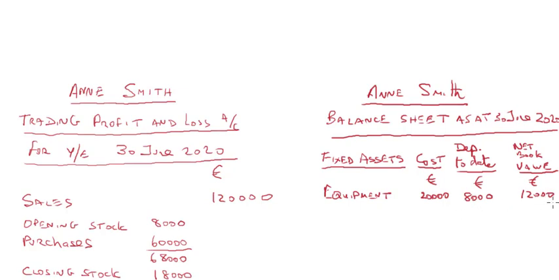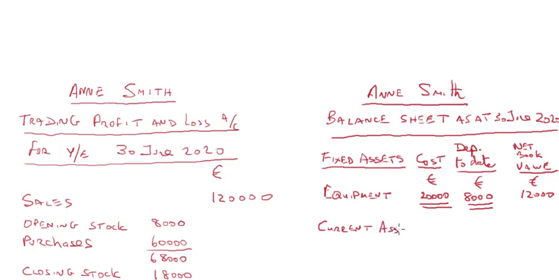So the 12,000 is what we're really interested in. So we can put 2 lines under these figures here, indicating that we're no longer interested in them. We're only interested in the 12,000. So very often in a balance sheet you might only see the net book value and not bother with this stuff here.